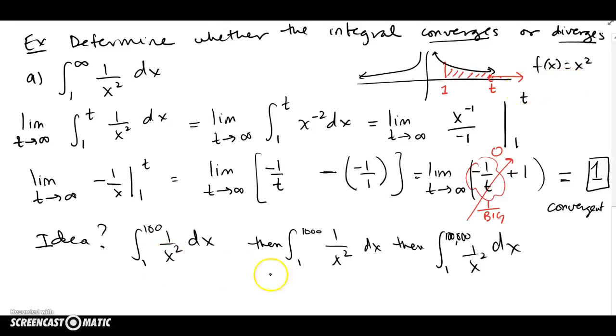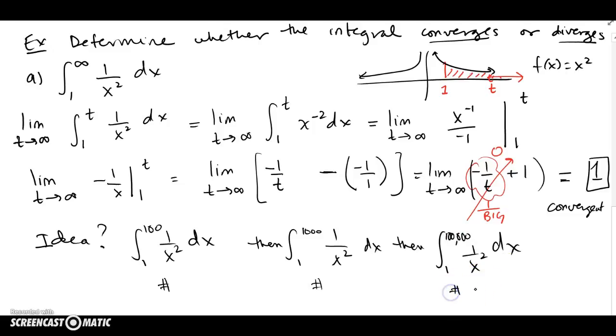So what is the idea that happened here when I replaced the t with infinity? I looked at maybe this integral from 1 to 100, and I got some number. Then I went up to 1,000, and I got some other number, probably bigger than that one because it's more area. Then I said, okay, let me go from 1 to 100,000. What happens there?